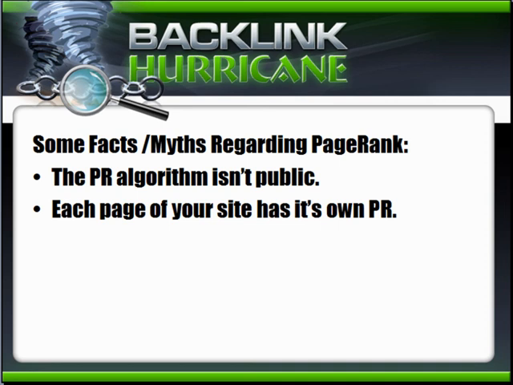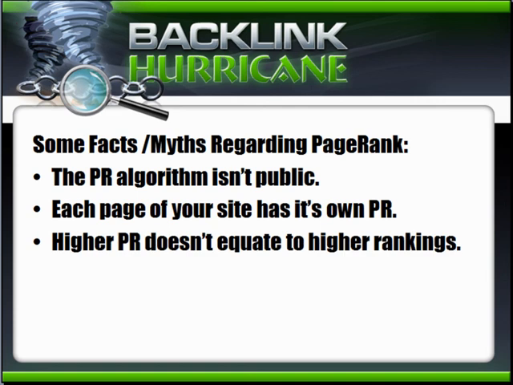Your homepage might be a 4, but you might have any number of pages within your site that are only a 1, a 2, a 0. Now these links do interact and they do affect each other, and we'll talk more about that later in a video about link juice.